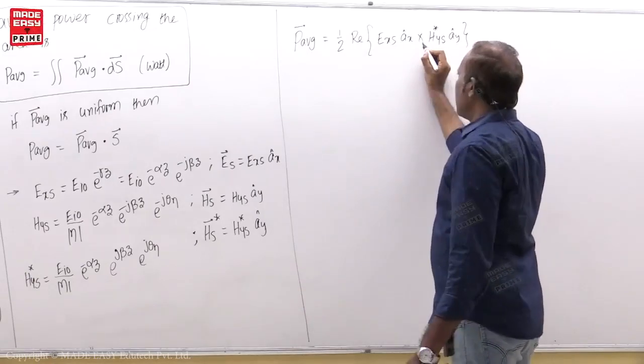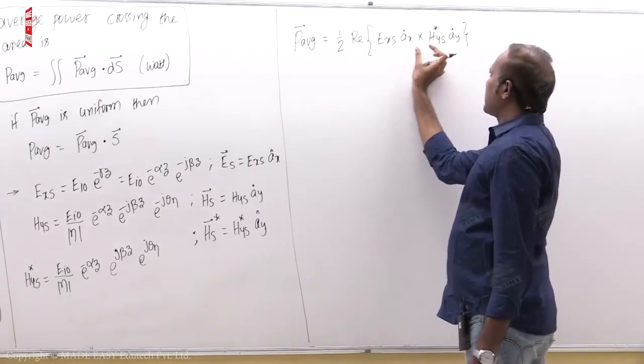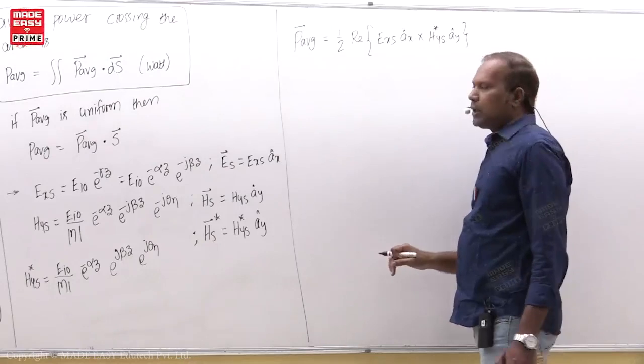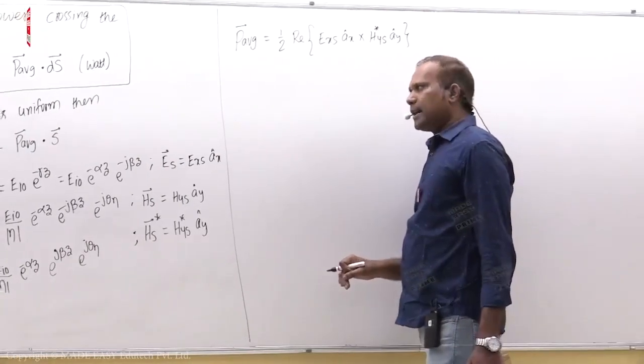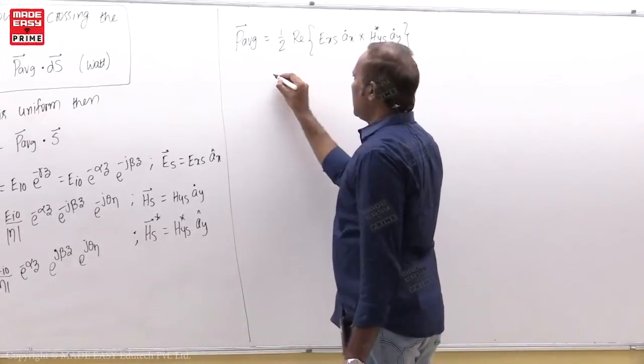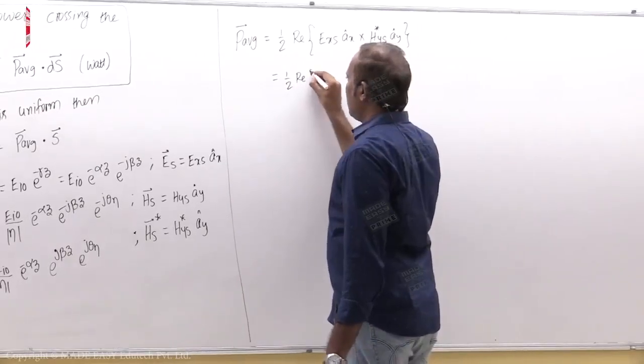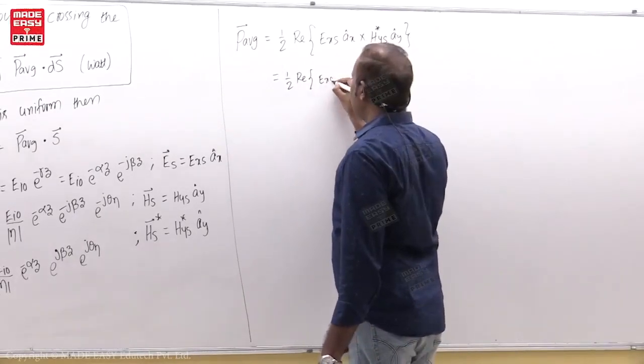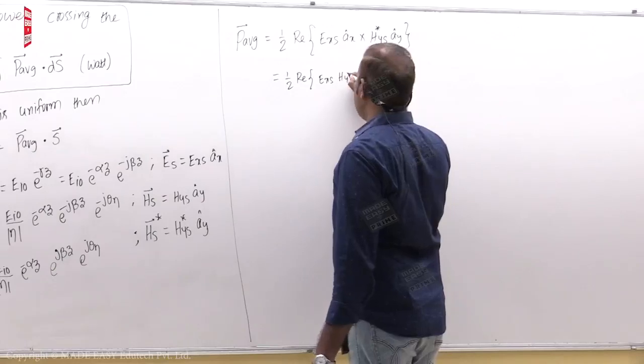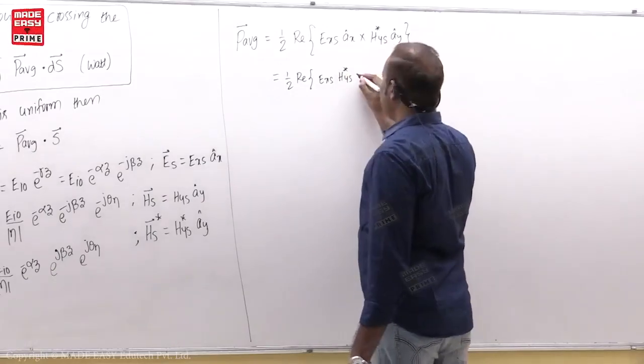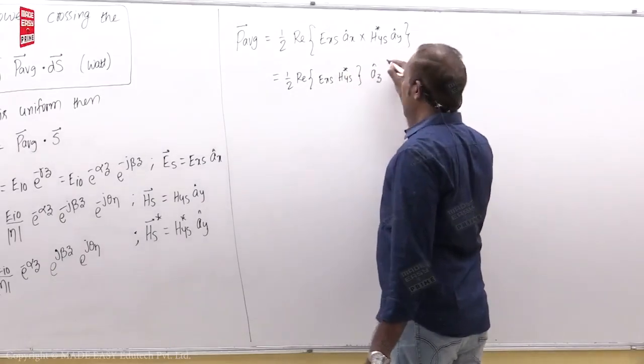Now this cross is done only for the directions: a_x cross a_y is a_z. So here the wave is propagating in the Z direction, power also goes in the Z direction. Now that is equal to half into the real part of E_XS, then H_YS star, a_x cross a_y is a_z. So a_z cap goes outside.